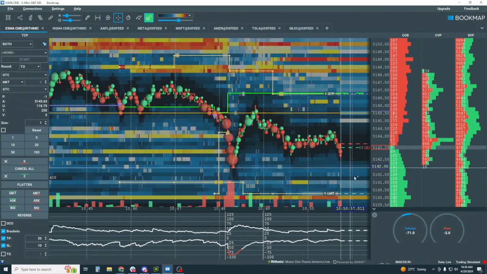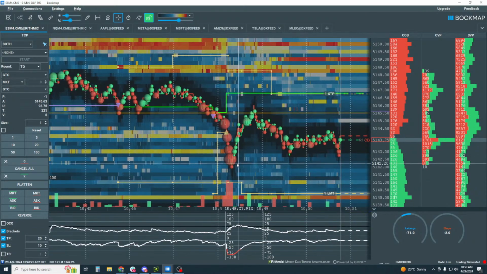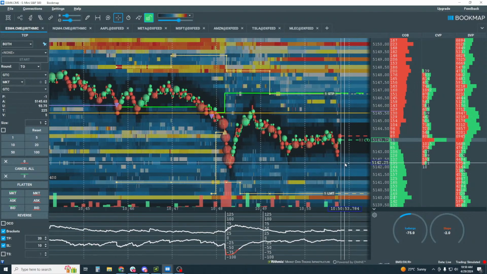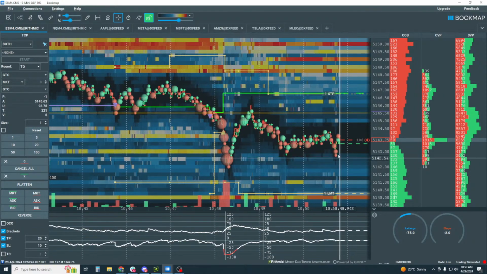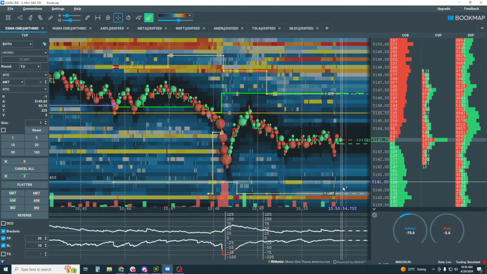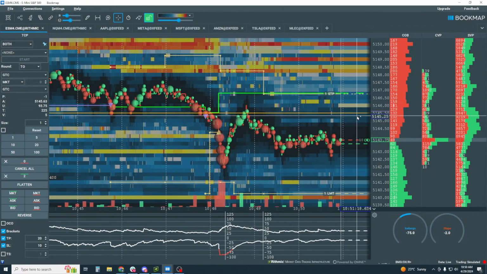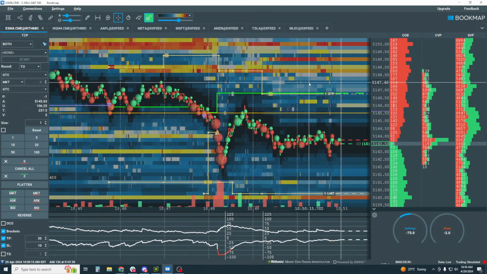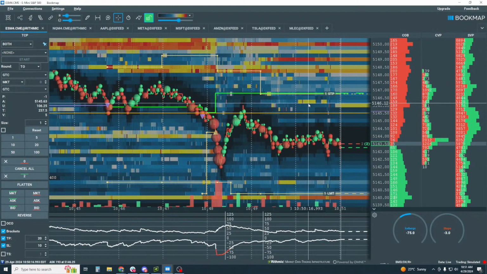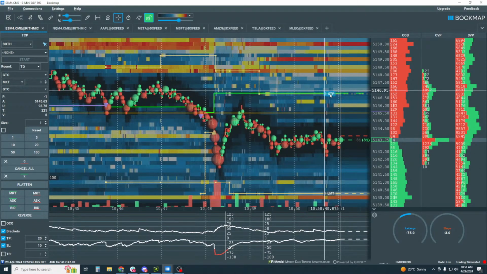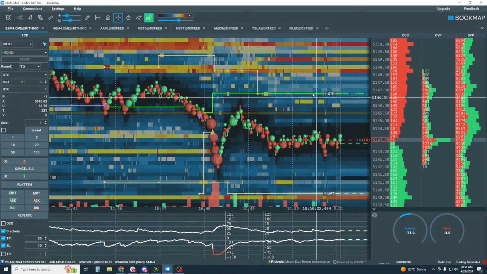So maybe we're ready for another leg down, okay? And we're going to look at the amount that's selling, and we're going to look at the liquidity levels in here, on the bid and on the offer, okay? Because when it comes down to it, this is what matters. It is the auction, and we're reading the auction in the order flow.